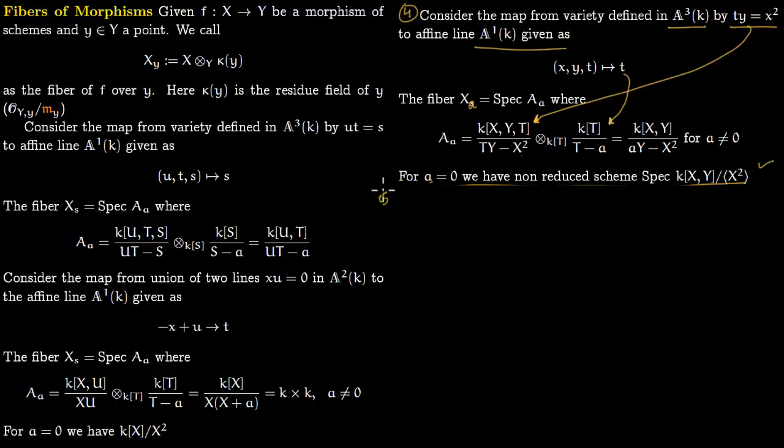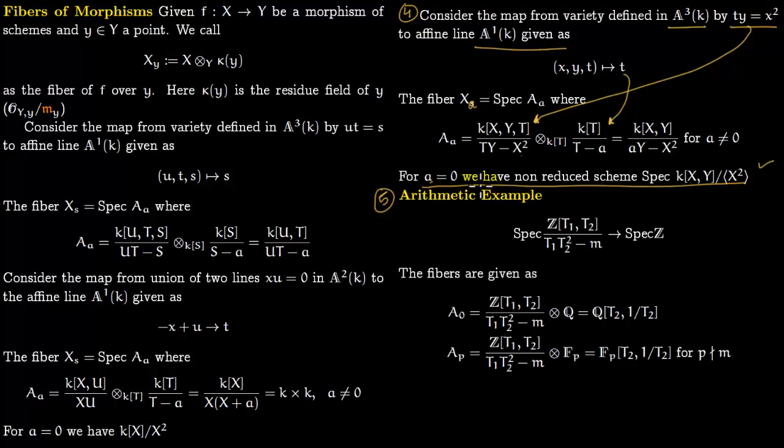So our final example is of arithmetic schemes, and this is taken from Qing Liu's book on algebraic geometry, algebraic curves. So here we talk about this map, Z[t1, t2]/(t1 t2 square minus m), going into Spec of Z. So again the variety here is this, and corresponding to this you can easily replace, because we will have t1 t2 square equals m.